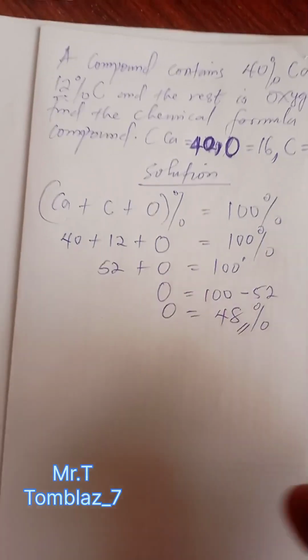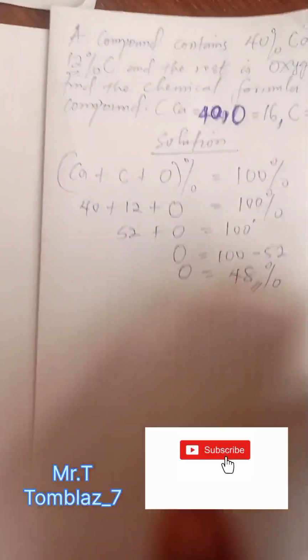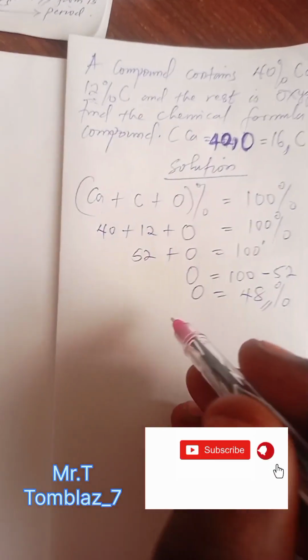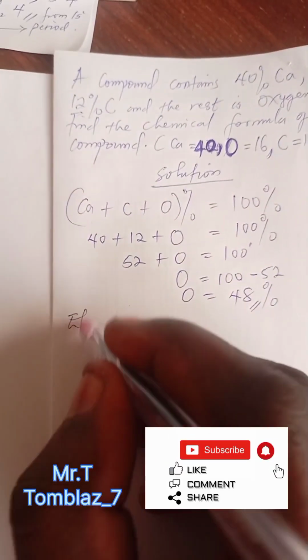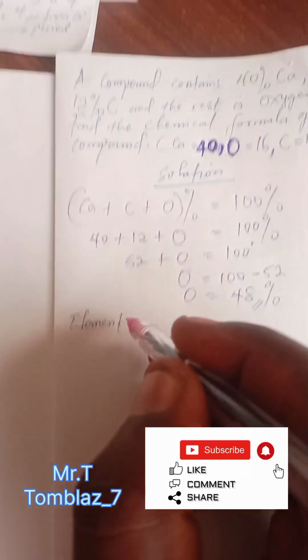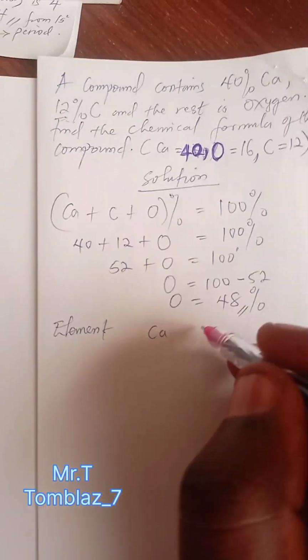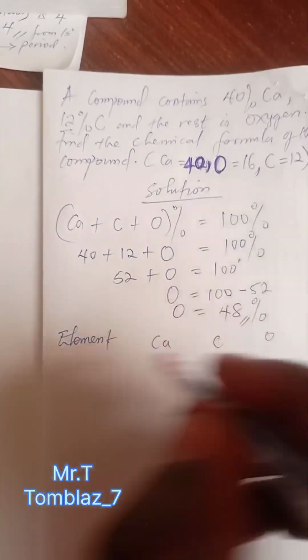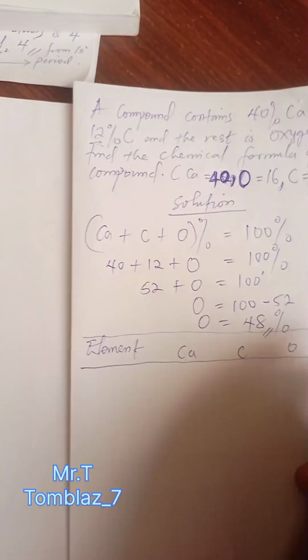So we have 48% for oxygen. Okay, so if that is gotten, then let's arrange our table the way we can calculate all the relationship between the elements. So we have elements here, we have calcium here, we have carbon here, we have oxygen here. So it will comprise this and form this table, right?